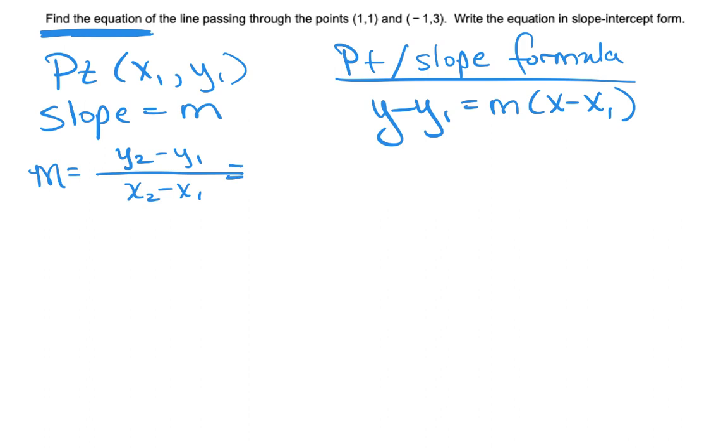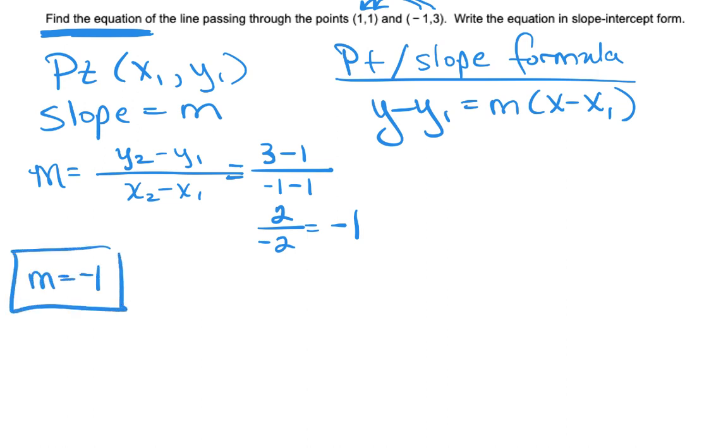We have 3 minus 1, and then negative 1 minus 1. So what we got is 2 over negative 2, which is negative 1. So my slope is negative 1.